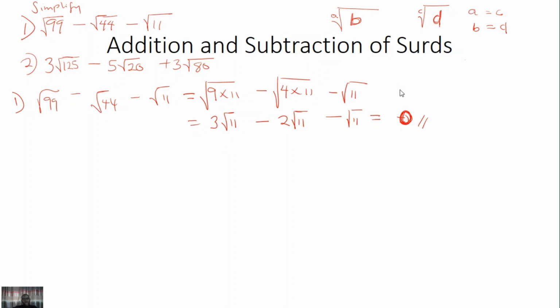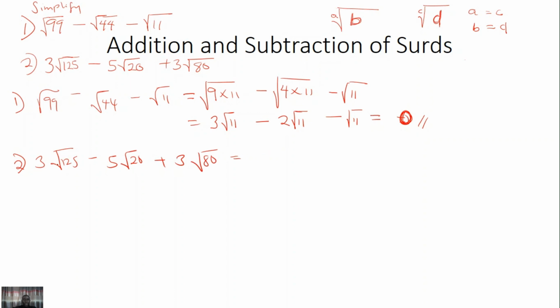Now, let's do the exercise number 2. We are asked to simplify this: 3 root of 125 minus 5 root of 20 plus 3 root of 80. Let's simplify this.